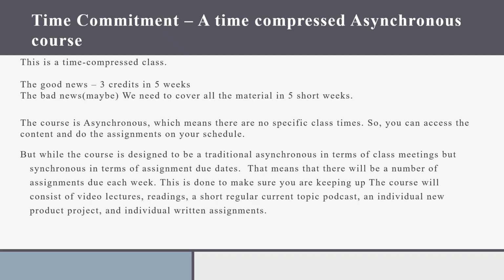But while the course is designed as a traditional asynchronous course in terms of class meetings, there are assignments with specific due dates. That means there will be a number of assignments due each week. All right, so you're going to make sure that you get all of your assignments in on time, so that we don't have to go back and complete them late in the course.